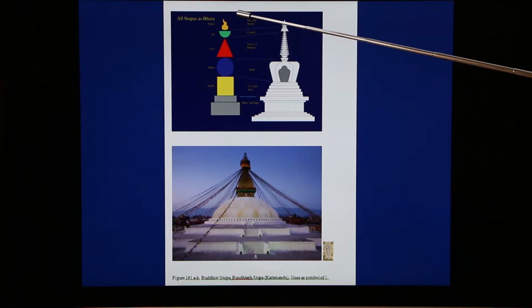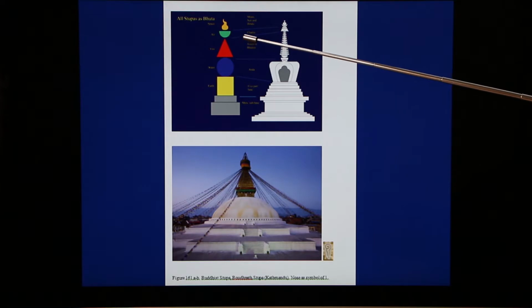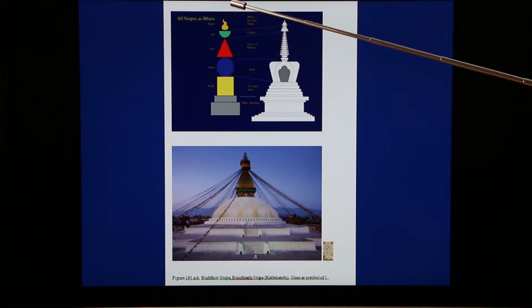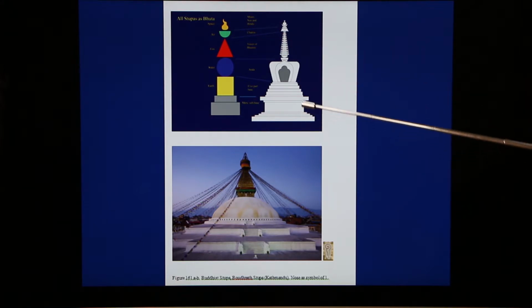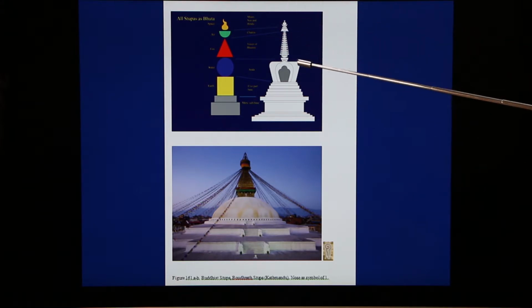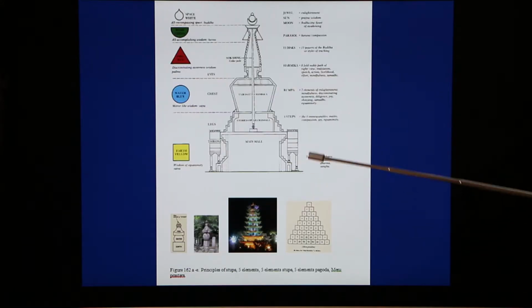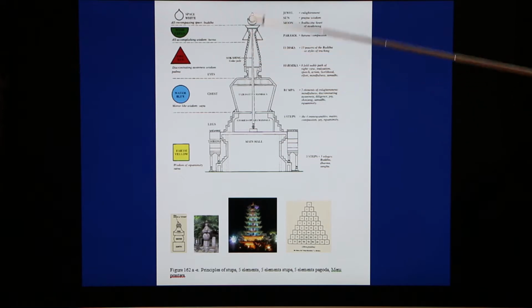So I have 5 elements, which are the first 5 letters, but I can make a 5 element stupa like this with a bindu, nada, and visarga on top, or I can make a stupa in this way with 13 levels of knowledge, or 13 bhumis this way, or I can do a monumental one as in Bodhanath. Here is a more complicated version that shows you in more detail how this works.